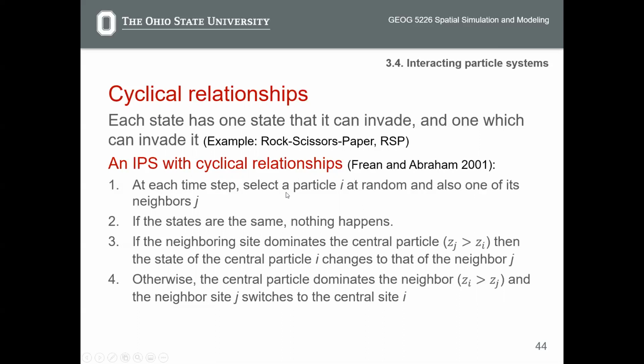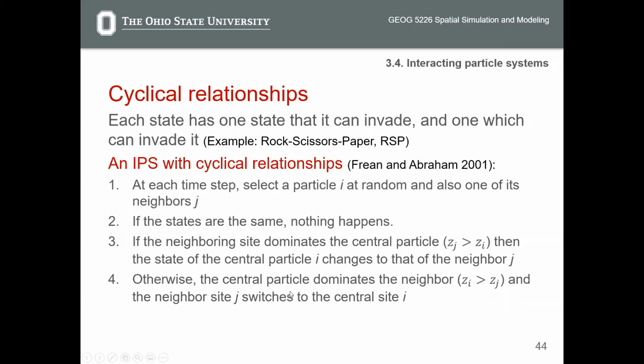At each time step, select a particle I at random, and also one of its neighbors J. If the states are the same, nothing happens. If the neighbor dominates the central particle, which means that the value of J is larger than the value of I, then the state of the central particle changes to that of the neighbor J, which means the central cell is invaded by that randomly selected neighbor.